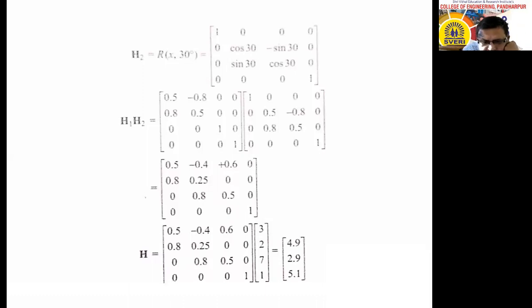Therefore h is equal to, again by matrix multiplication, 0.5, -0.4, 0.6, 0; 0.8, 0.25, 0, 0; then 0, 0.8, 0.5, 0; then 0, 0, 0, 1 into the vector 3, 2, 7, 1, which is equal to a vertical matrix of a single column: 4.9, 2.9 and 2.1. Sorry, 5.1.